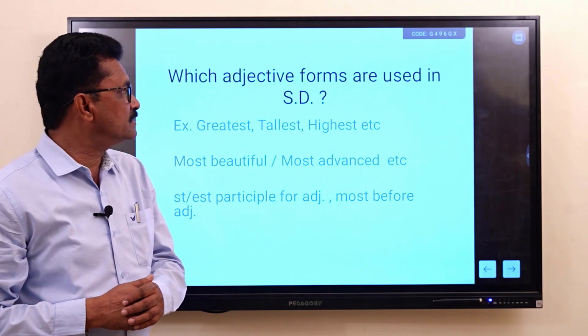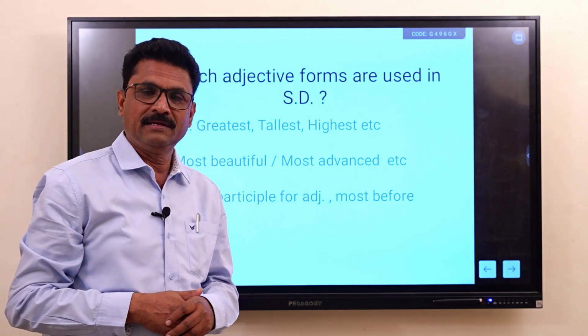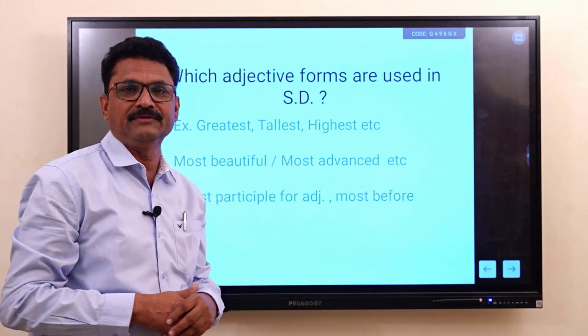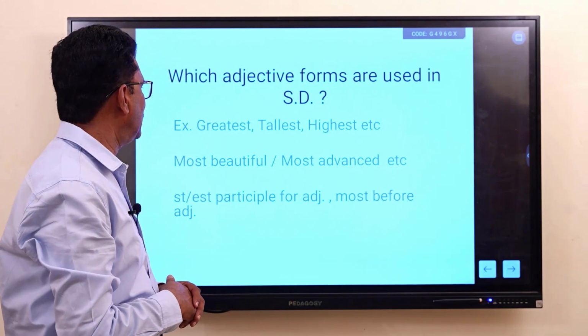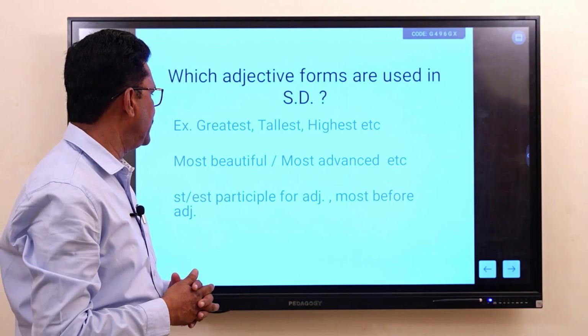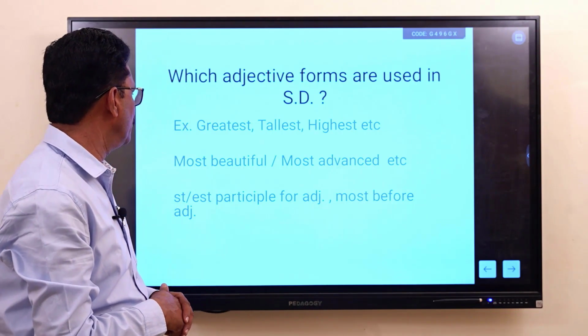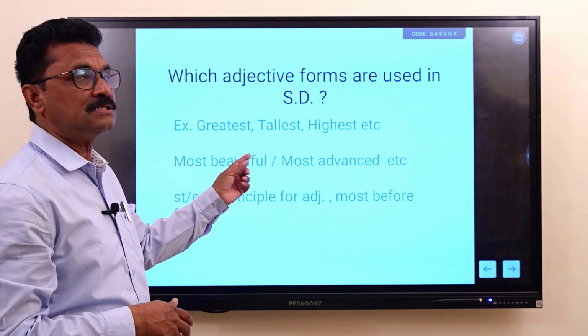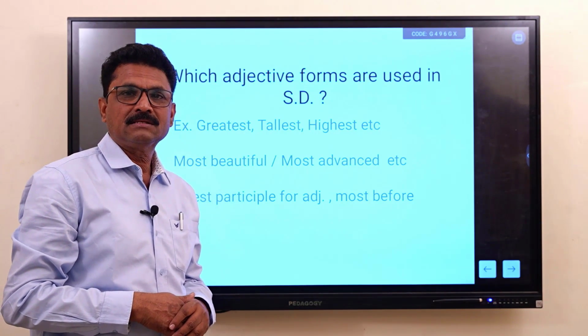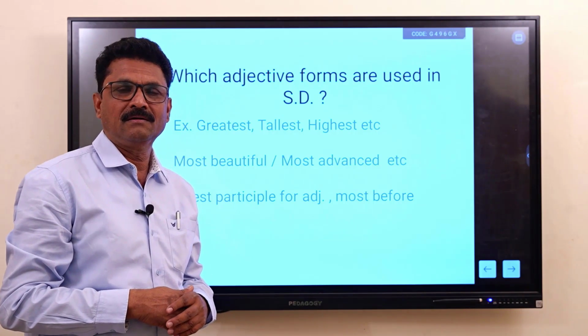Which adjective forms are used in superlative degree? SD, superlative degree. Look here. For example, greatest, tallest, highest, most beautiful, most advanced. So these examples are given here.